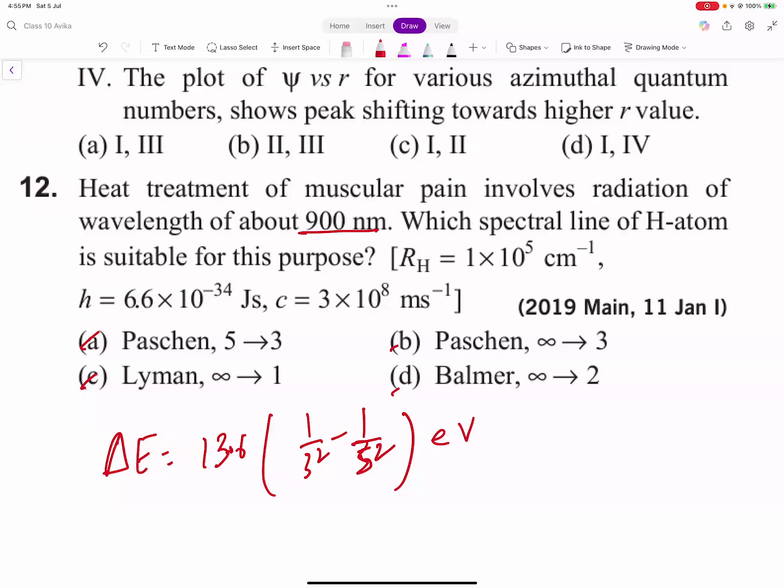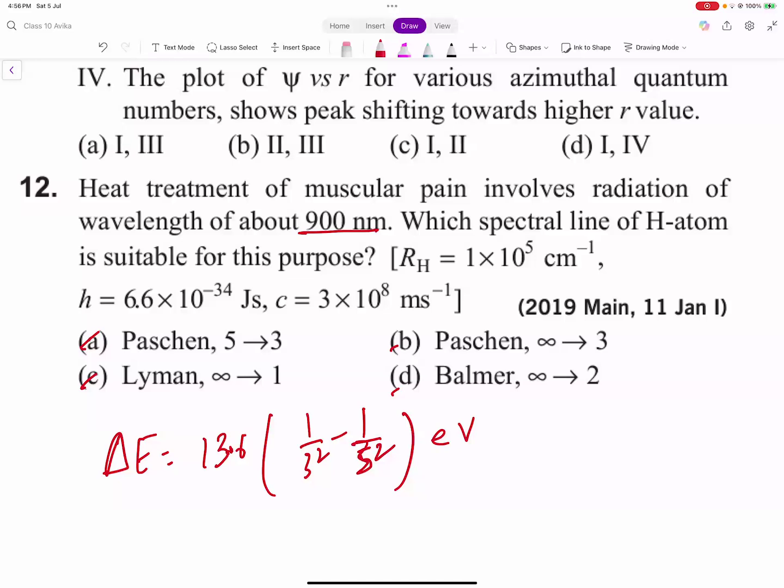And this is 13.6 into 16 divided by 225. 13.6 into 16 divided by 225 is coming out to be 0.967.